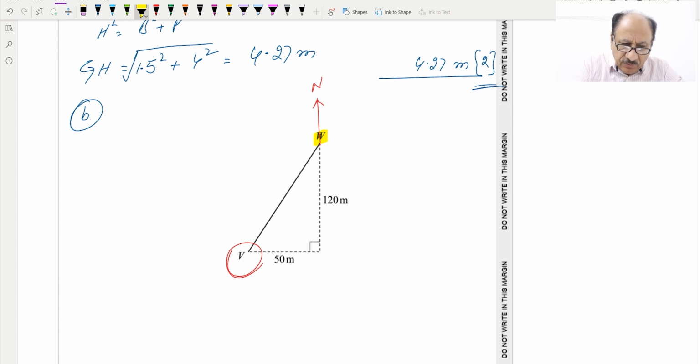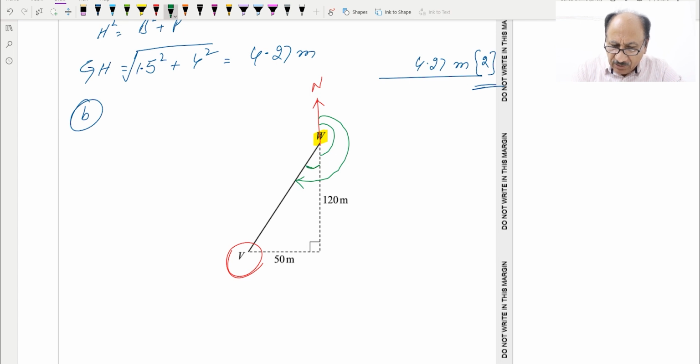It means we require this whole angle starting from here till here, and up to this one will be 180, and in 180 we will add this angle, this much angle.